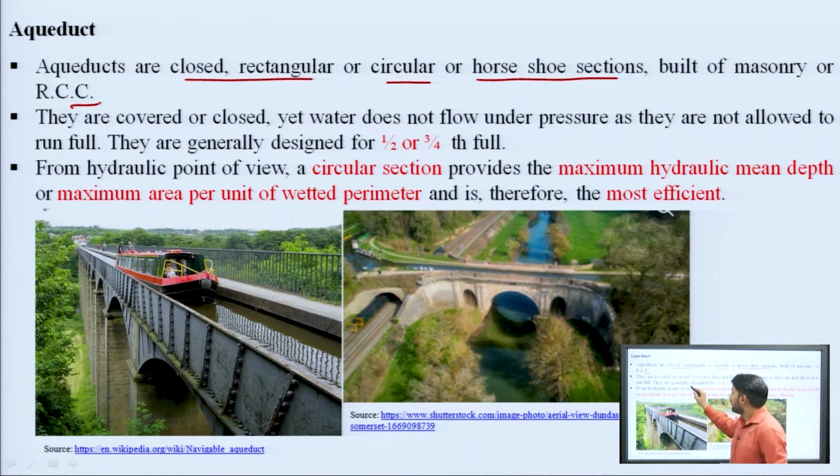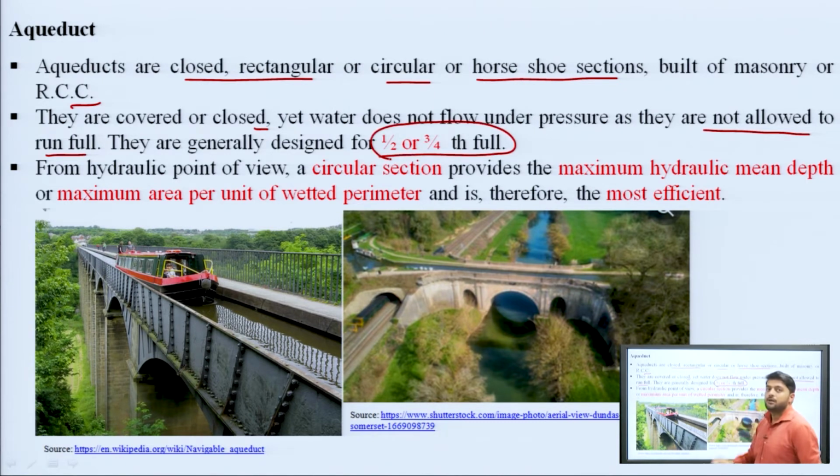They are covered or closed, but the action of water is under gravity, so they are never allowed to run full. They are generally designed for half to three-quarters of the full size.